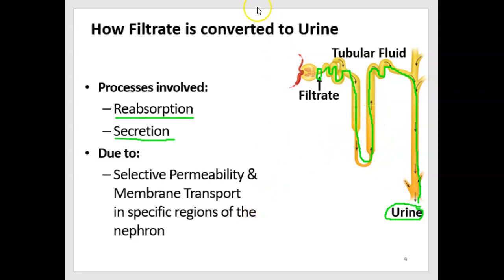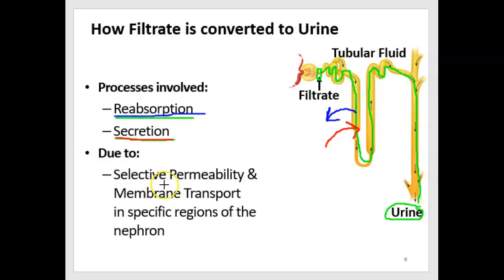So the processes of reabsorption, when something is reabsorbed out, or secretion, that is when something from the surrounding tissue gets put into the nephron, will happen in different locations of this nephron and will depend on the wall of the nephron's permeability.